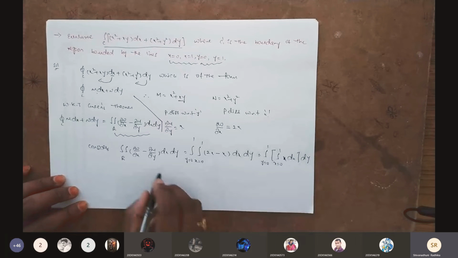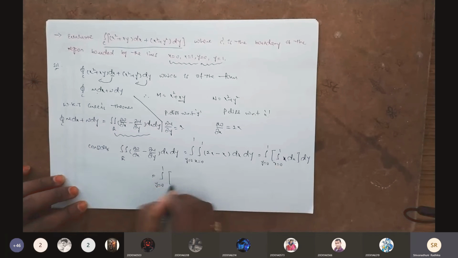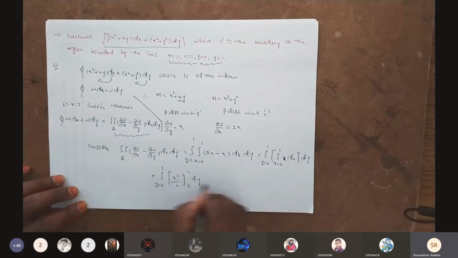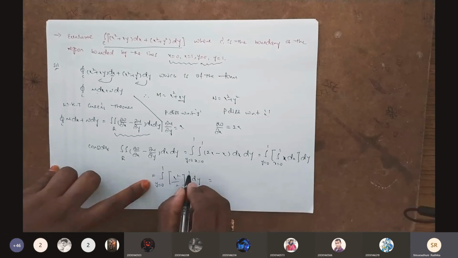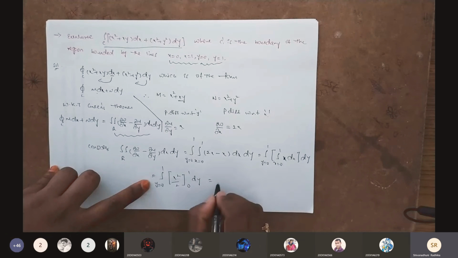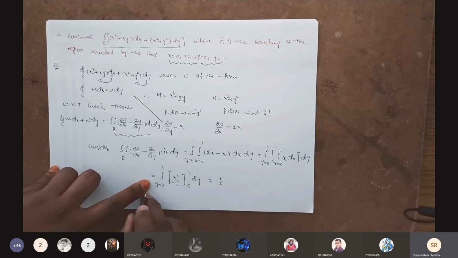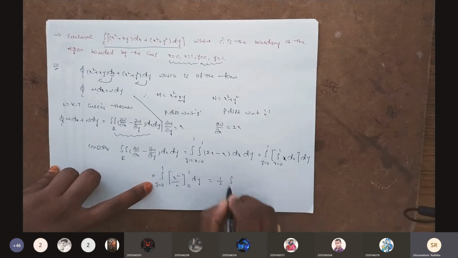Integration of x is x square by 2. Here we have the outside integration as well. Integration of x is x square by 2 and the limits are 0 to 1, into dy. Is it clear? Now x square, that means 1 square, is 1. 1 by 2 minus 0 is 1 by 2.